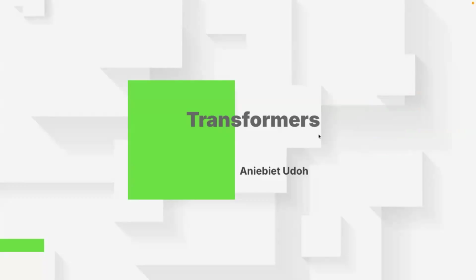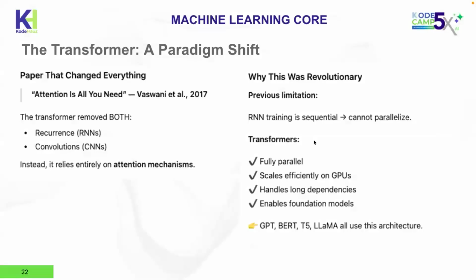Transformers are basically a kind of neural network architecture that use basically attention and nothing else. And that's why, like I said before, there's a paper that was written by a group of Google Brain AI researchers, and the title of the paper is Attention is All You Need.